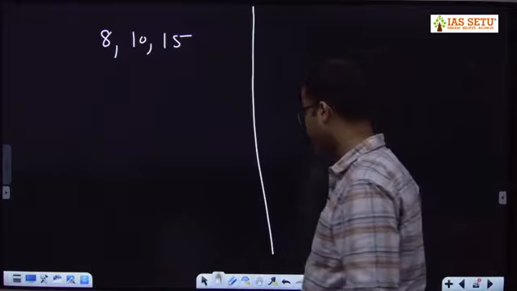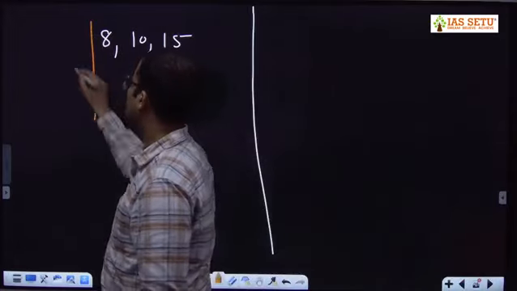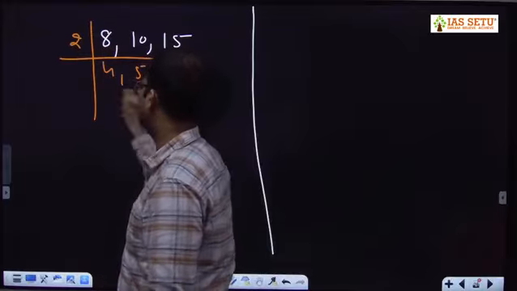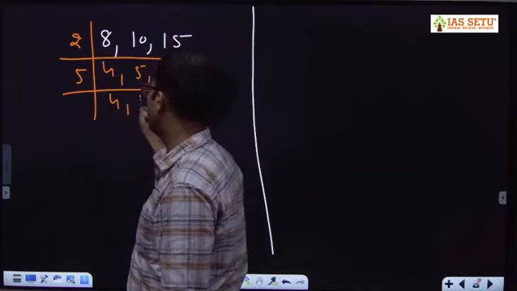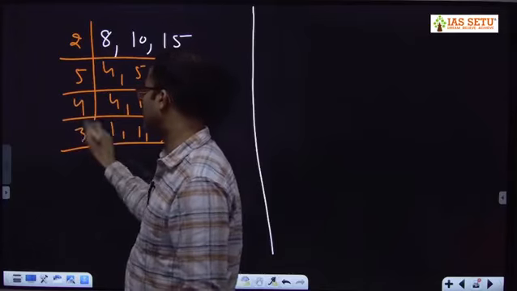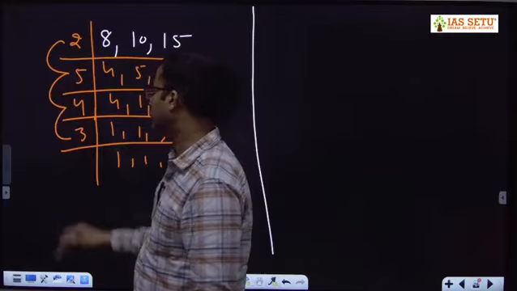Done? What is your answer? So first you take 2 common, 4, 5, 50. Take 5 common, 4, 1, 3. Take 4 common, 1, 1, 3. Take 3 common. So it is 10, 10 into 4, 40, into 3, 120.